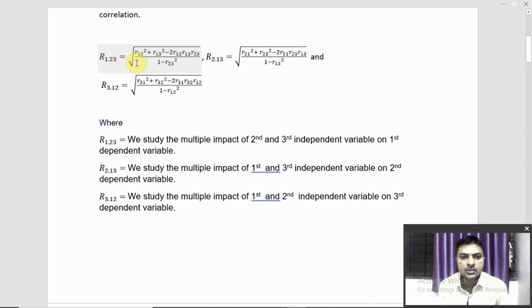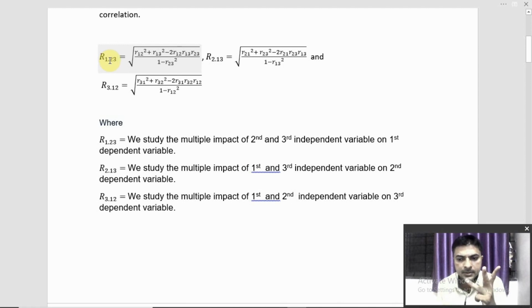R1.23 is equal to the square root of (R12 square plus R13 square minus 2 times R12 R13 R23) divided by (1 minus R23 the whole square). This is the first formula, where we study the impact of 2 and 3 on 1. Understood? 2 and 3 are the independent variables and 1 is the dependent variable.